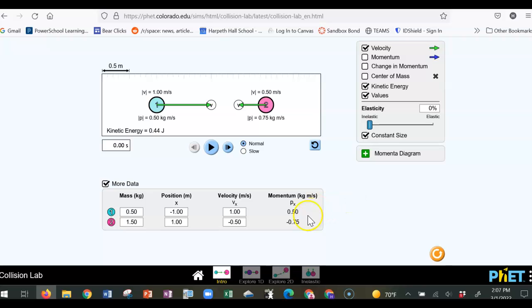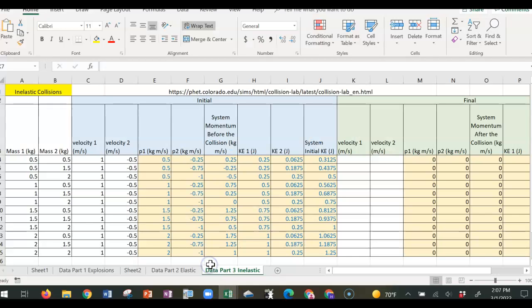You will go to tab 3, the third tab in the Excel template where it says Data Part 3 Inelastic, and we're going to do the same thing that we did for Part 2. We're going to change the masses of those two spheres, and then after they go through an inelastic collision, we're going to record the final velocities.